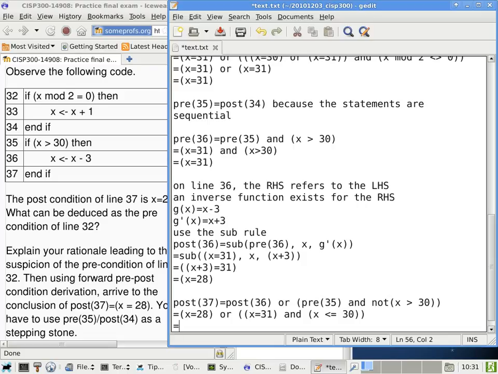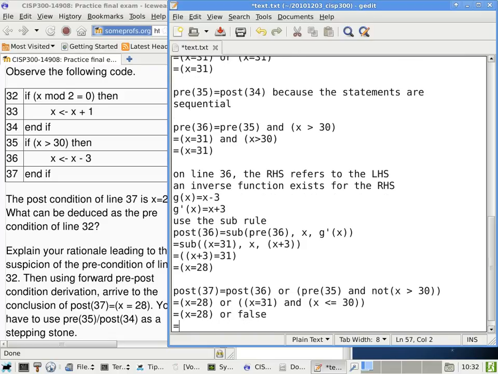Contradictory. Yeah, contradictory, which means the whole thing is false. Okay? So that means we end up with x equals 28 or false. And that simplifies to what? X equals 28. Because anything or false is whatever the other side is.